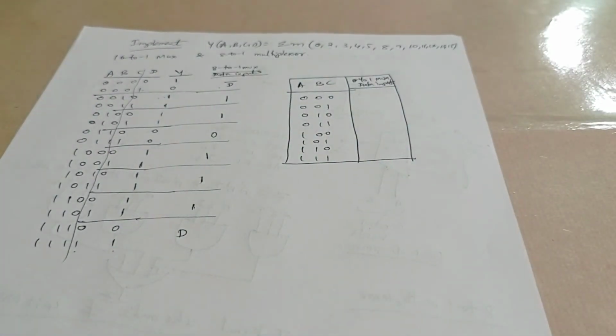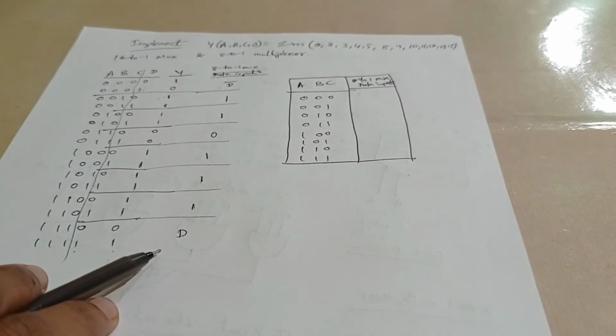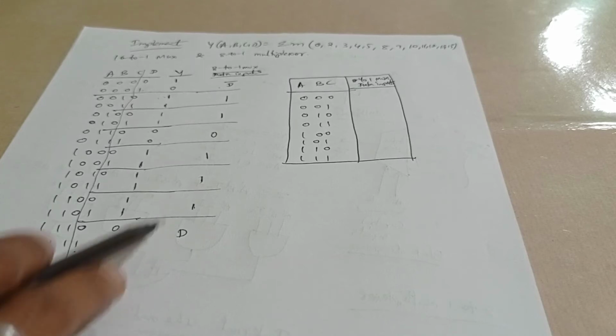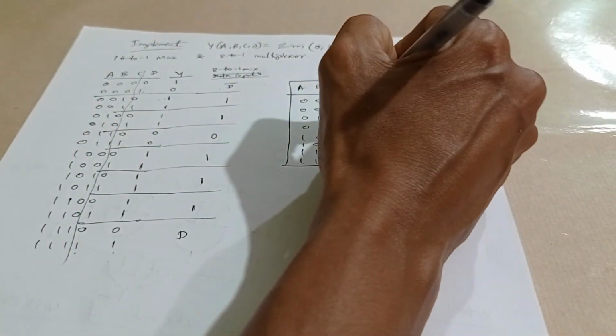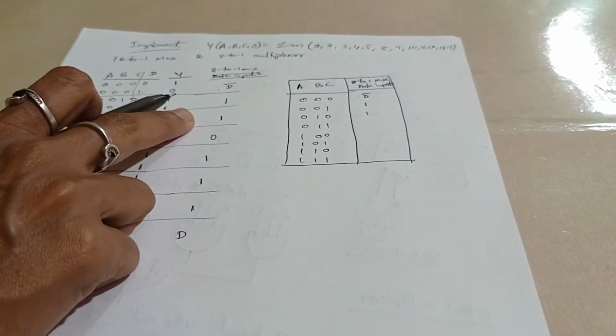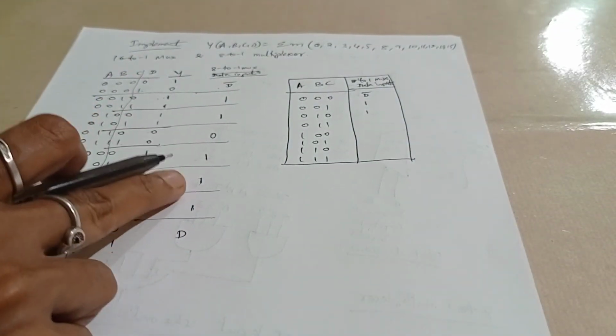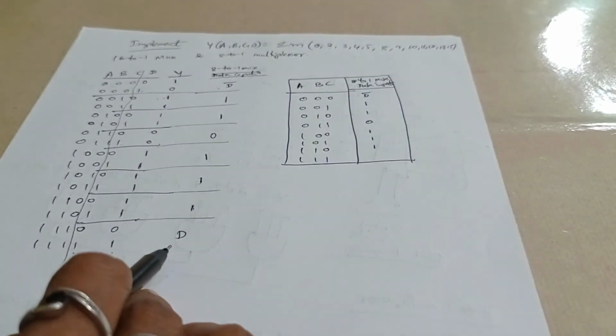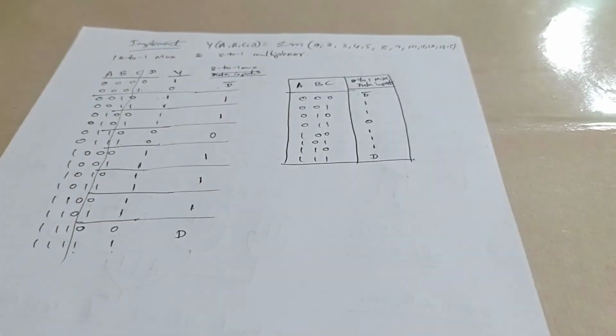Now enter these MEV values, the data inputs for the 8:1 multiplexer. First one D bar, then 1, 1, 0, 1, 1, 1, and the last is D.